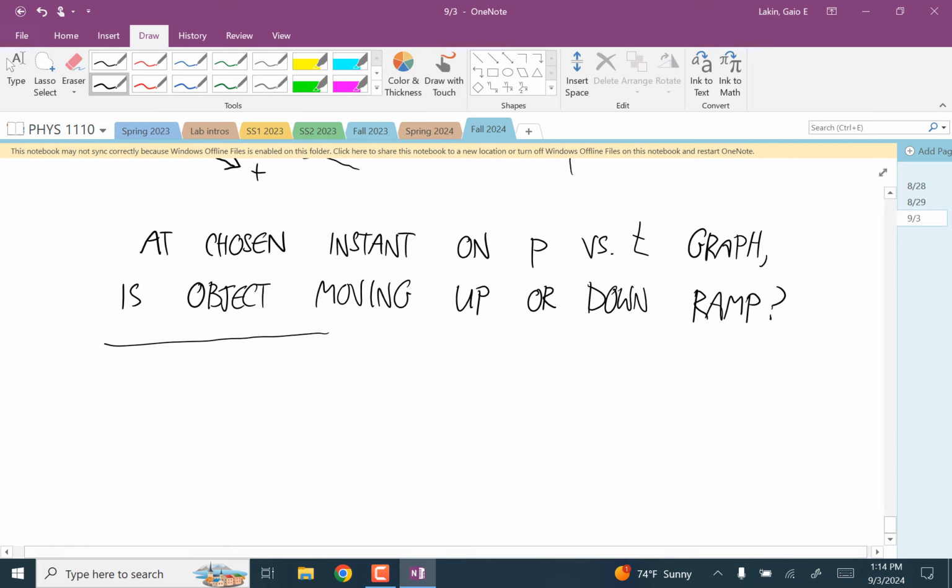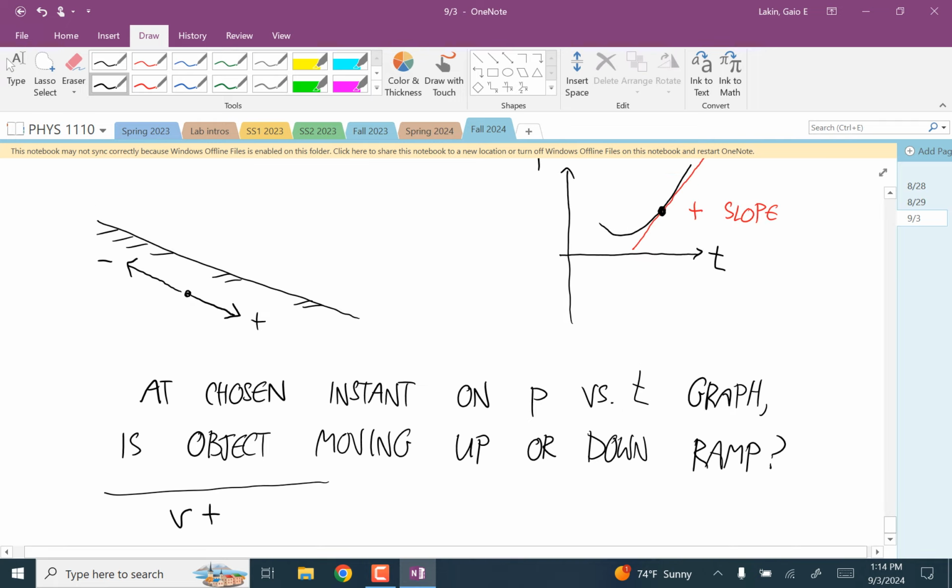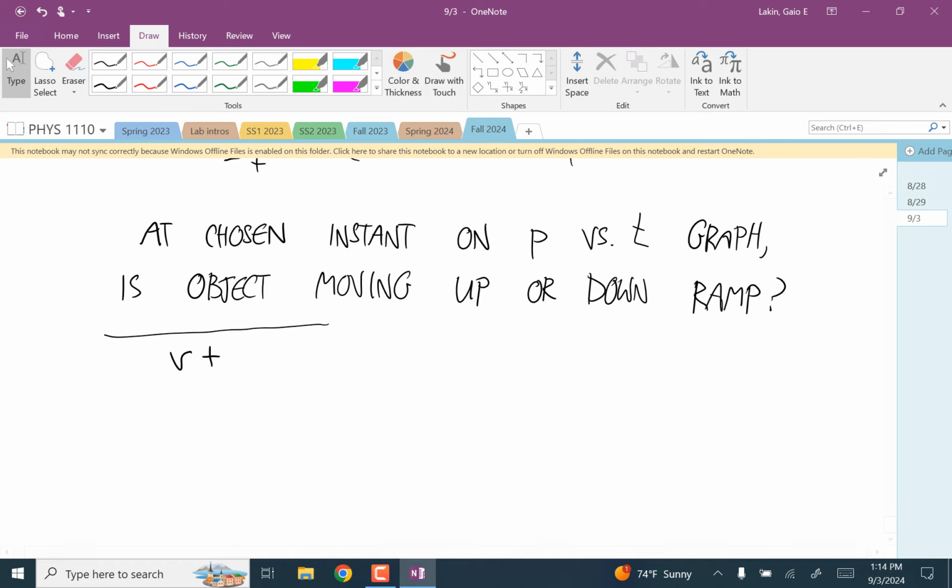And so we know that the velocity is positive, and the sign of the velocity tells you the direction it's going. So if the velocity is positive, it's moving in the positive direction, which is down the ramp. So the object at this instant would be going this way. Any questions about that?